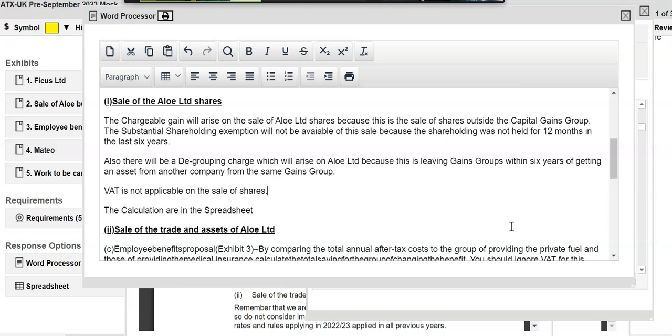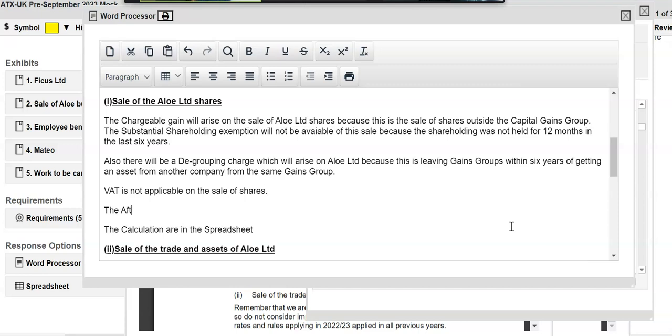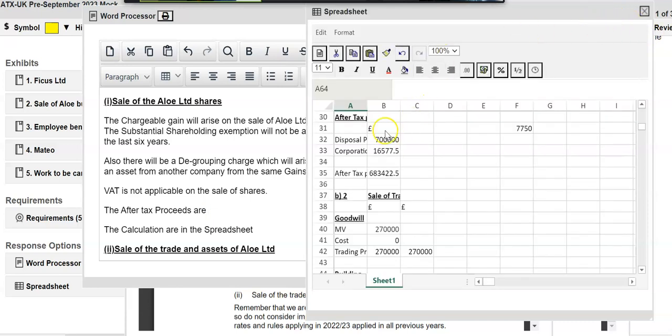The after tax proceeds are found, so let's see it from the spreadsheet. Let's also copy the pound sign. That is 683,423. So please don't forget to put the comma, right? Okay.